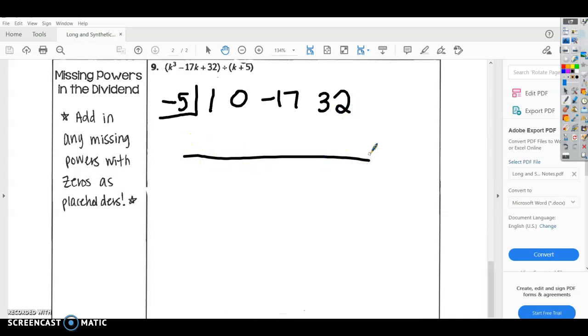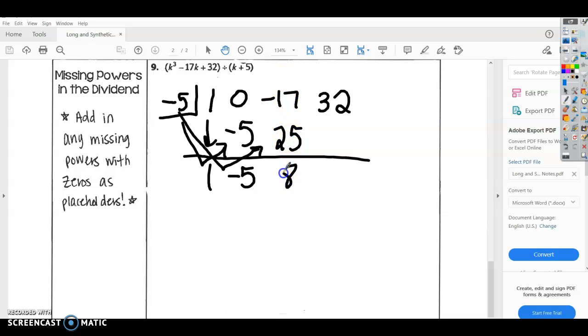To do synthetic division, bring the first term down, multiply -5 times 1, and then add. 0 and -5 is -5, and then multiply -5 and -5 is +25, add, and then -5 times 8 is -40.